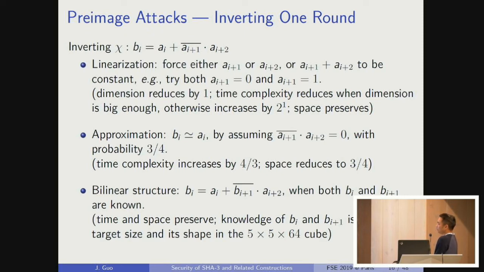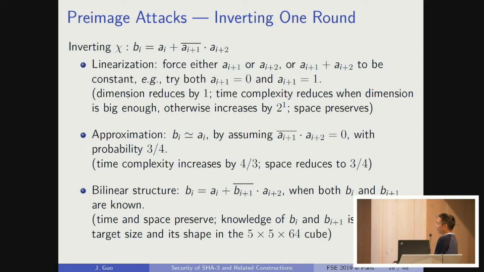If one of them is constant, then everything will be linear. But in this way, the dimension is reduced by 1. For example, if you fix A_{i+2} to be 1, then you lose this variable. So the dimension is reduced by 1, and time complexity may increase depending on whether this reduction of dimension affects the final attack or not.